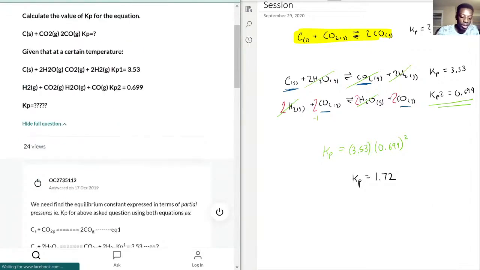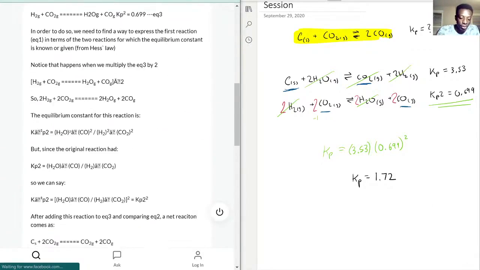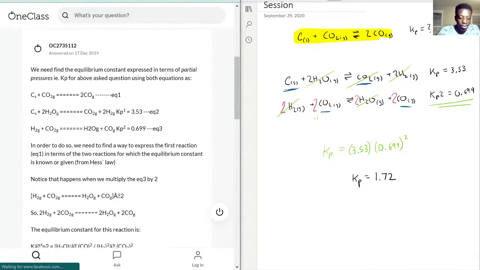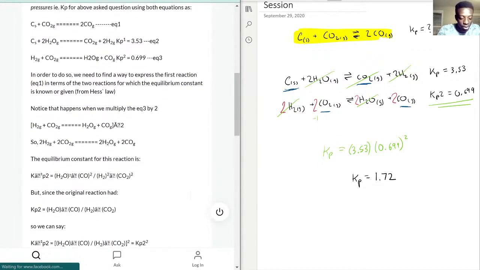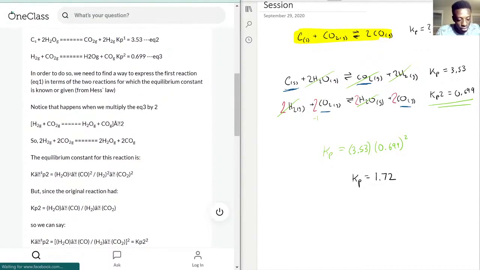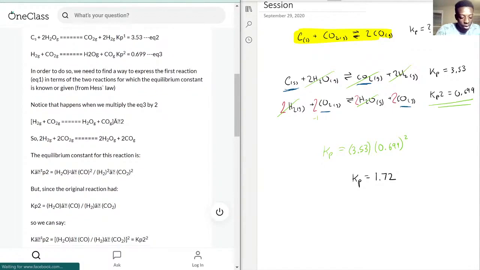Let's see how we did. So they have the equation, first one, second, and third one, and then first they balance it out. Interesting. It definitely did a very strange way.